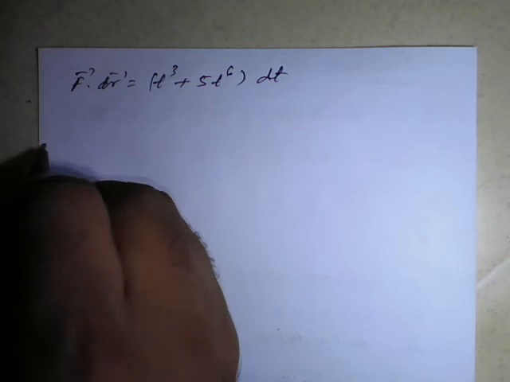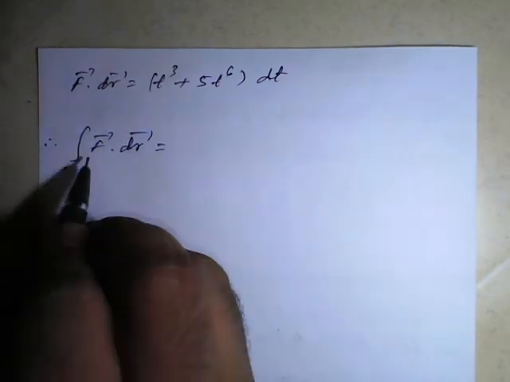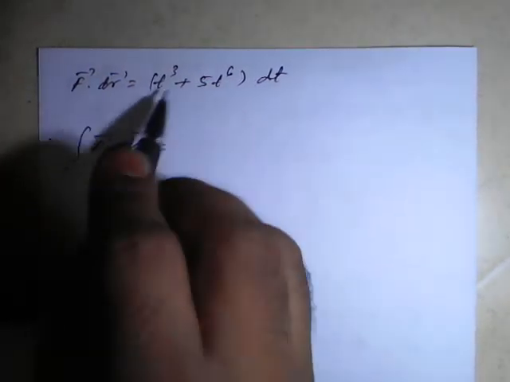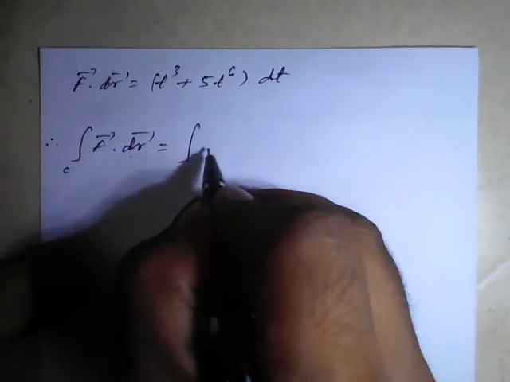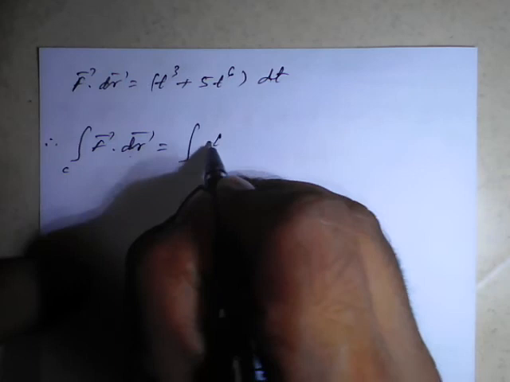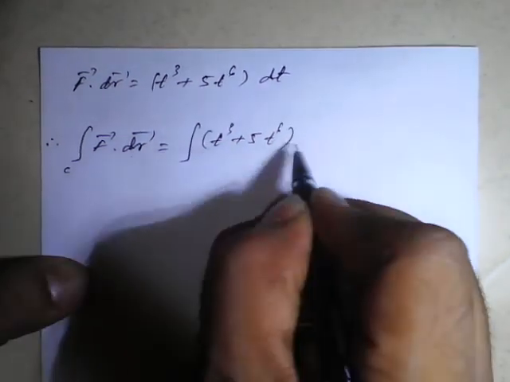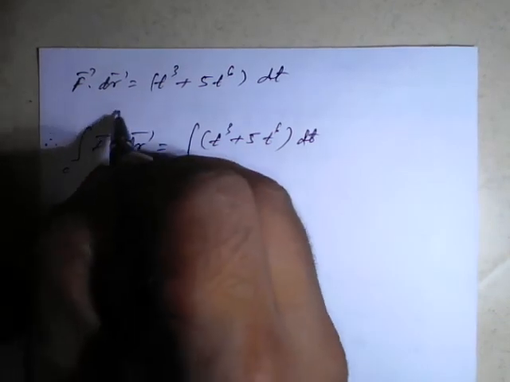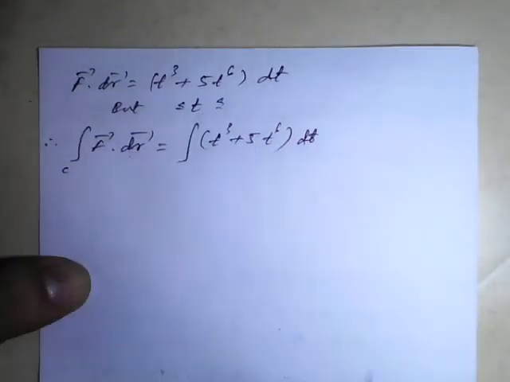So therefore we know that the integration over C of vector F dot dr we need to calculate. So F dot dr we got the complete result in terms of t. It is the integration of t cube plus 5t raised to 6 into dt. But we know that t varies, it is given in the question itself.